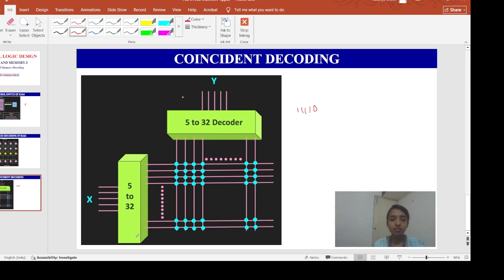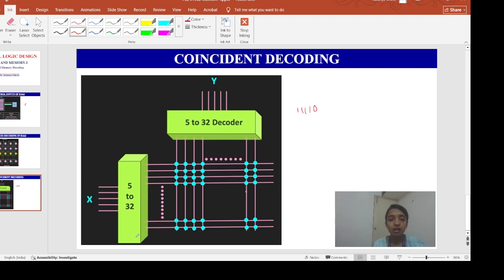And if the input to the column decoder is 11110, then it will select the second last column. The word where both the row and column coincide will get selected. Thus the decoding logic can be simplified.